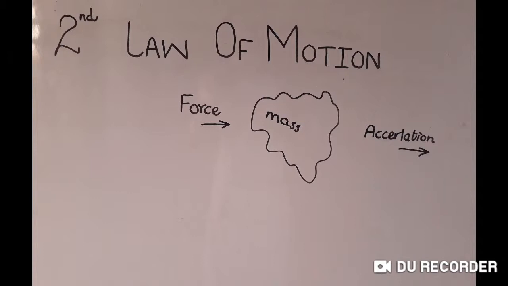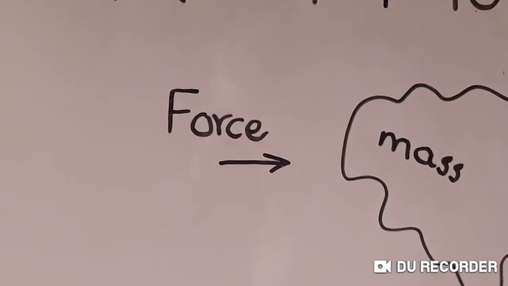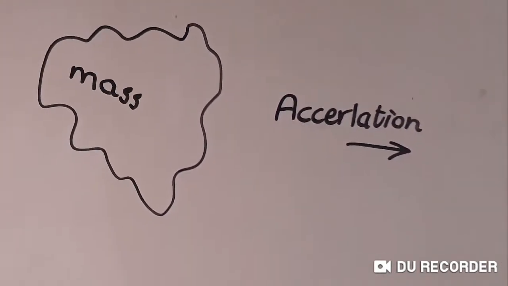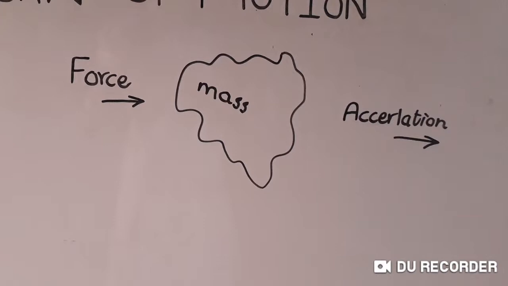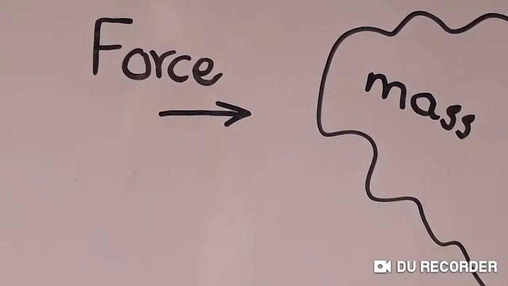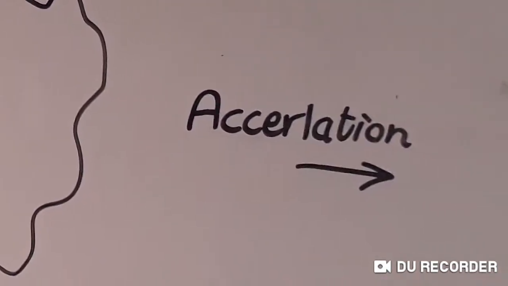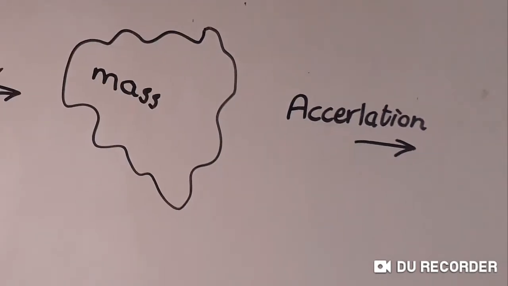So, Newton's second law of motion states that whenever a net force acts on a body, it produces acceleration in the body, such that this acceleration is in the direction of the force. Means, if the force is acting from left to right, the acceleration will also be produced in the direction left to right. Okay.